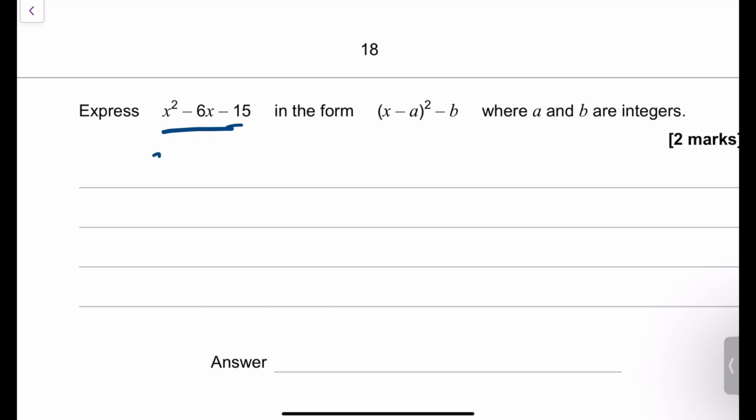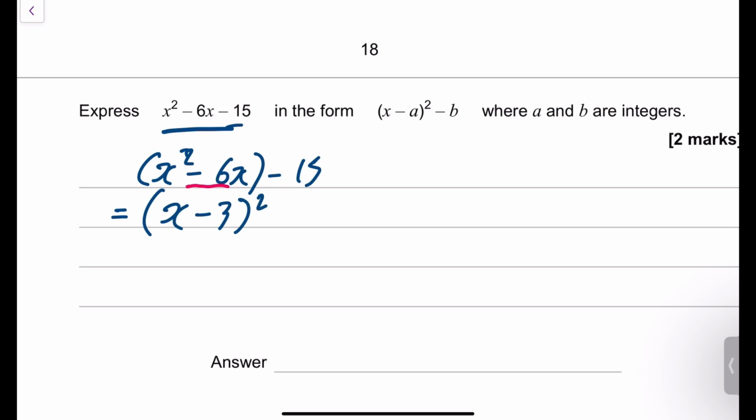Right. How are we going to do this? We're going to complete the square. You've got x squared minus 6x minus 15. I just put a bracket around that. And then to complete the square, you half the coefficient of the x, which is the minus 6. So that becomes x minus 3 squared, still minus 15.